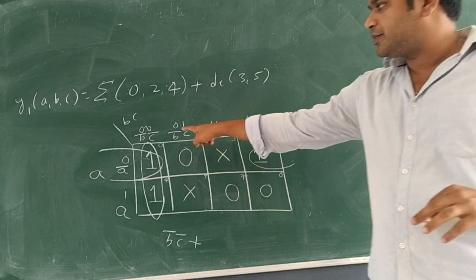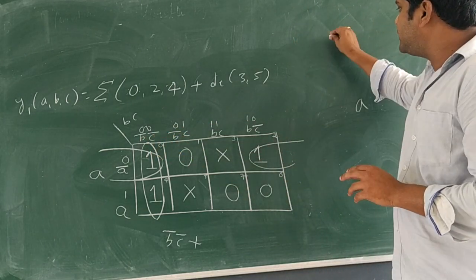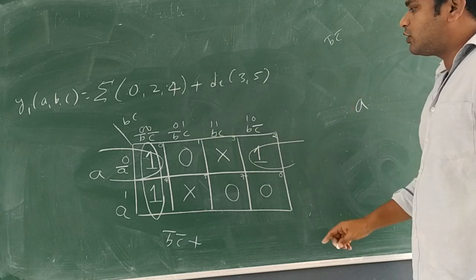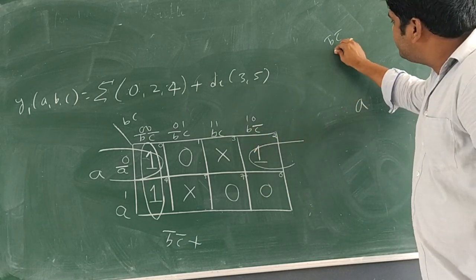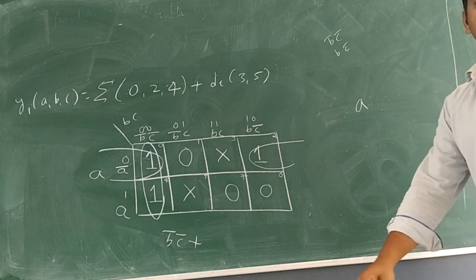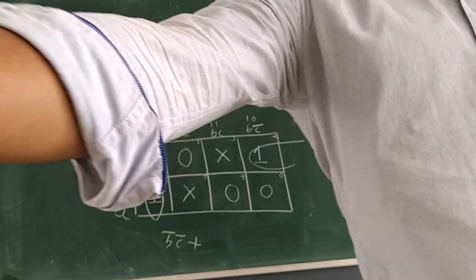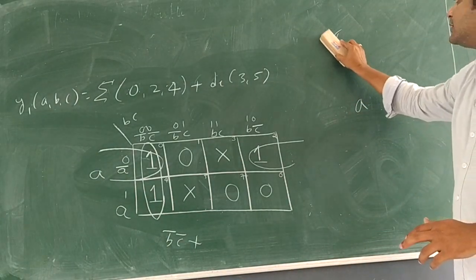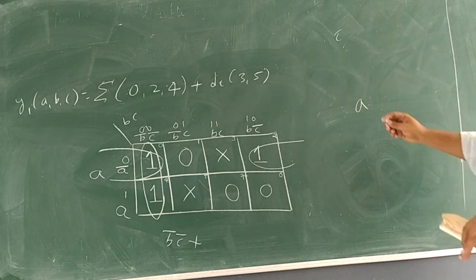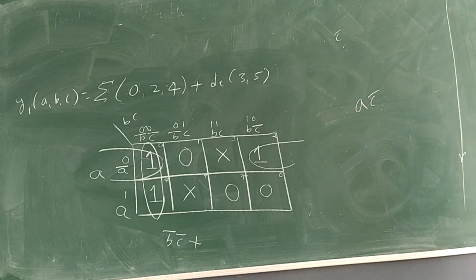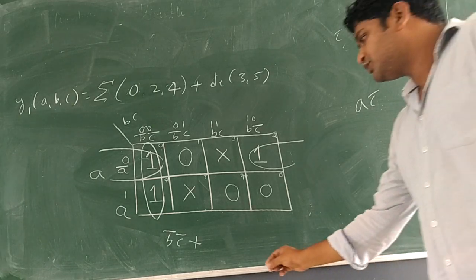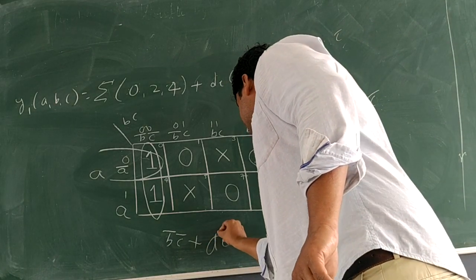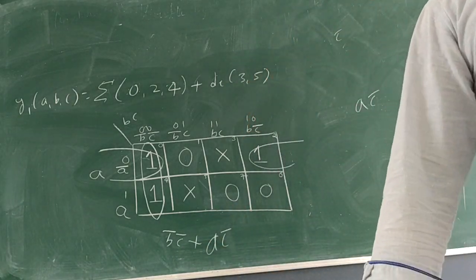What are the columns? B complement, C complement, and B with C complement. So which variable has changed? B complement and B has changed, hence cancel out the effect. We are left with the common variable called C complement. So A with C complement.